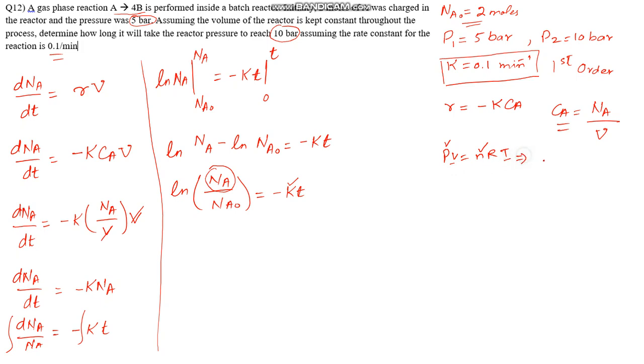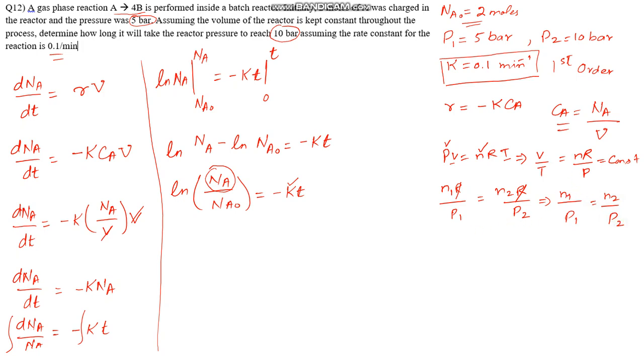We can write V over T is equal to nR by P, and V over T is constant. So it can also be written as N1 R by P1 is equal to N2 R by P2. R will be cancelled out and the final equation will be N1 over P1 is equal to N2 over P2.